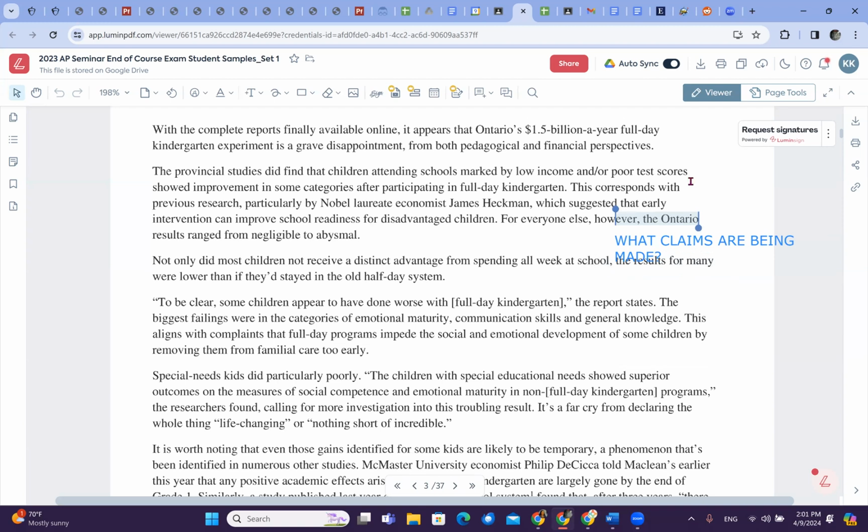Not only did most children not receive a distinct advantage from spending all week at school, the results for many were lower than if they stayed in the old half-day system. To be clear, some children appear to have done worse with full-day kindergarten, the report states. The biggest failings were in the categories of emotional maturity, communication skills, and general knowledge. This aligns with complaints that full-day programs impede the social and emotional development of some children by removing them from familial care too early.